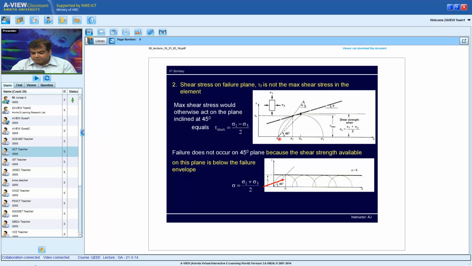The maximum shear stress in the element would be at the 45 degree plane. In other words, if I induce stresses on this same element such that failure occurs on the 45 degree plane, not on the alpha plane, only in this case would my maximum shear stress coincide with the shear stress on the failure plane.